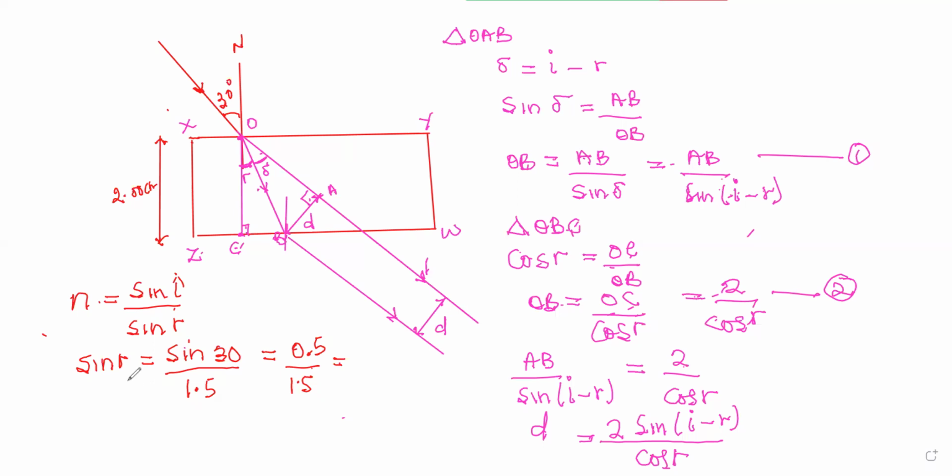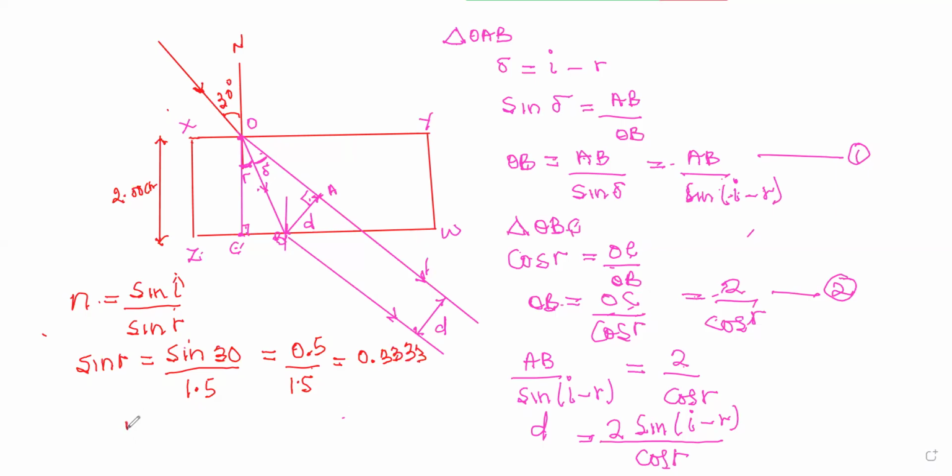Come again. 1 over 3 or 0.3333. Okay, so that recurring 3.